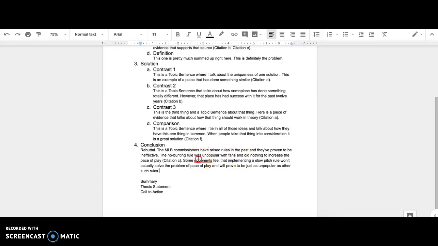Something like that. And that, in fact, probably needs another citation as well. We'll say that it does come from another source, though.